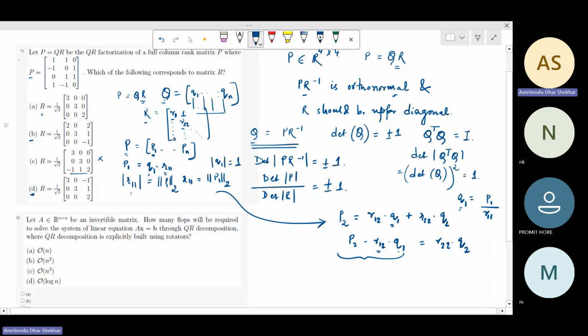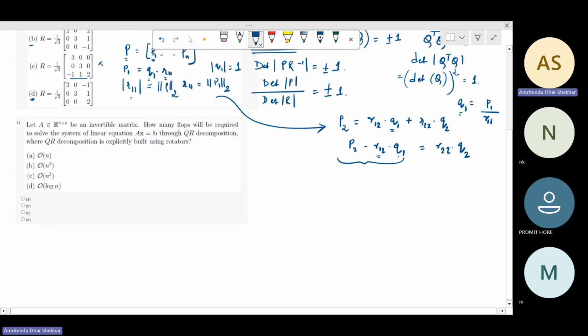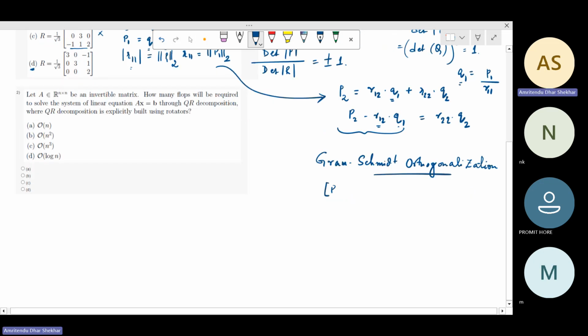In the Gram-Schmidt orthogonalization process, you start off with a set of vectors, and these are column vectors, each of these, and you want to find a corresponding set of orthonormal vectors which have the same span as these vectors, right?